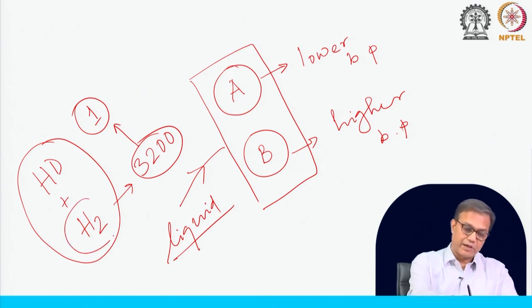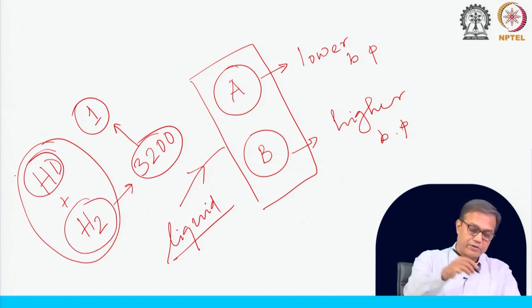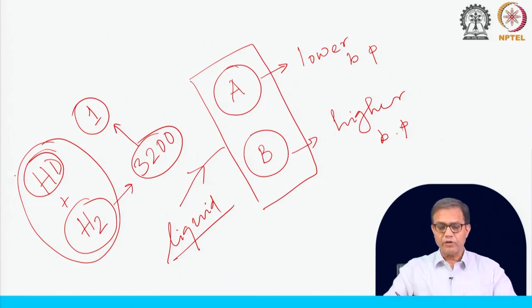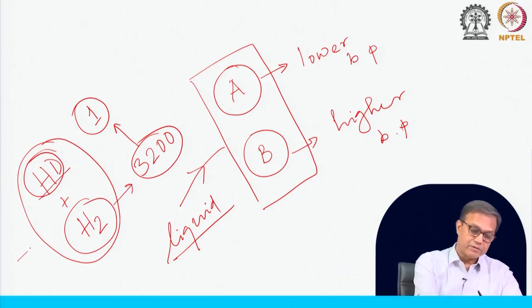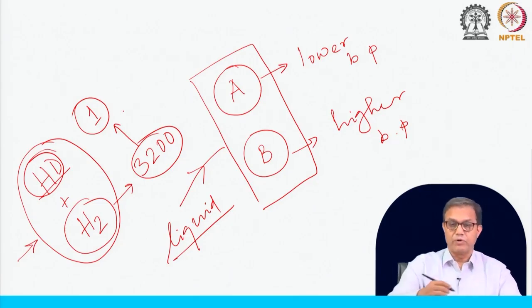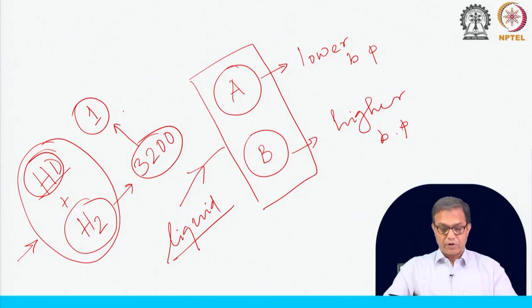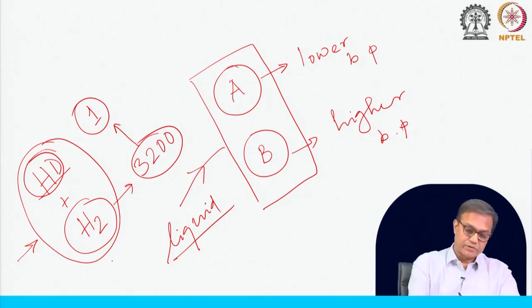This is normal hydrogen and this is hydrogen deuteride. If we have to separate this hydrogen deuteride, we first need to liquefy these two components, and obviously it has to be brought down to the boiling point, of the order of 20 K or so.